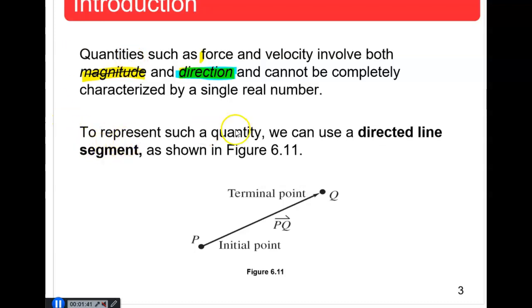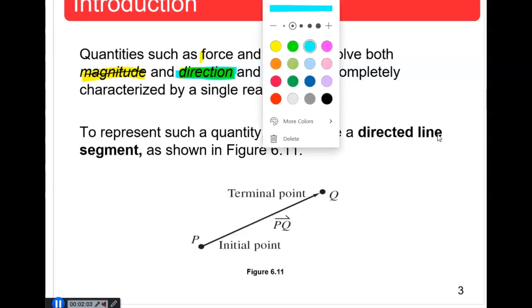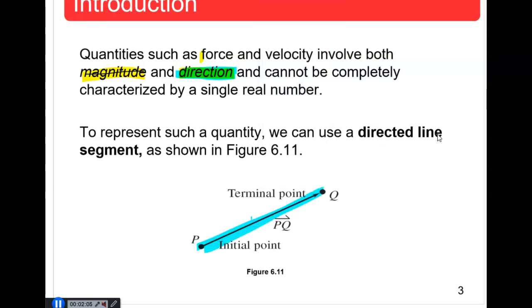So to represent such a quantity, we can use a directed line. If your line has magnitude, which will be the length of it, and direction with respect to, I don't know, a horizontal line or the origin, then if it has those two things, it will be a directed line, and it will have an initial point, and then it will have a terminal point.